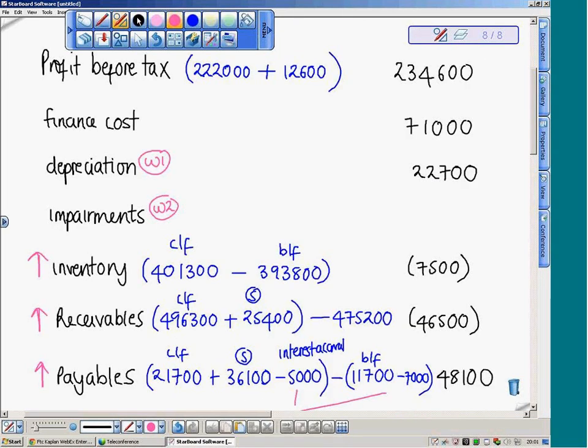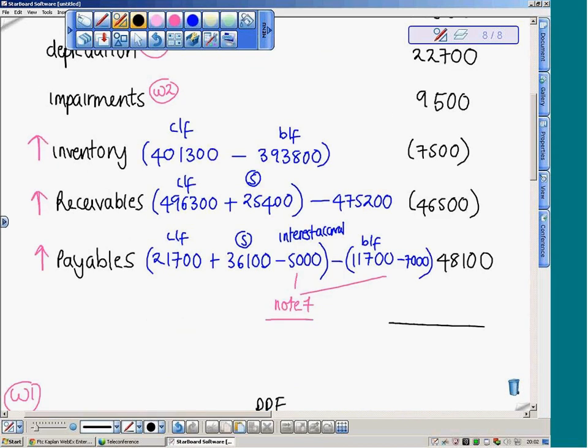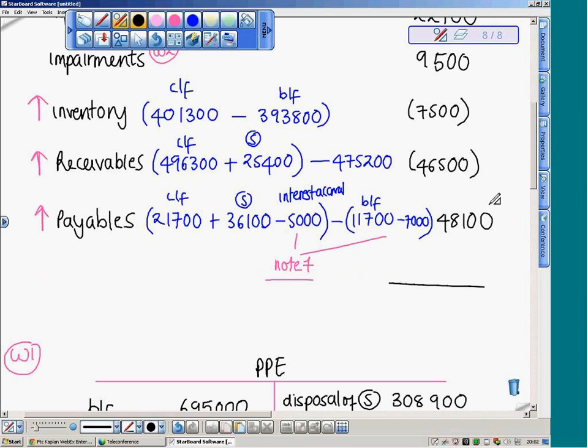So I'm going to scrap 9,500, my impairment. So at this point, what I've done is completed my reconciliation statement, and I add all the numbers, the 331,900. Okay. I'm going to move on with my SFP.